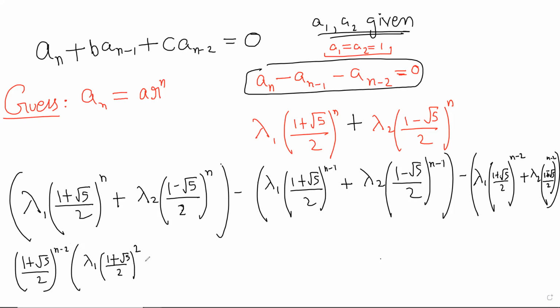So you get, I might be stretching it more than it's needed. But let's see. We want to show that this is 0. So we just do the calculations. And then there is the lambda 1.